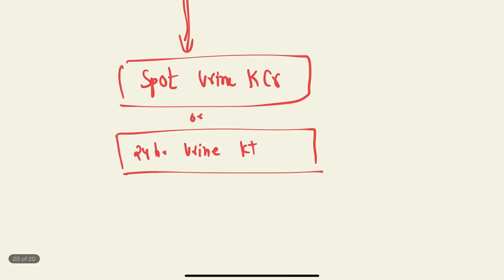But due to the time consumed, the 24-hour urine potassium is impractical, as the patient can have severe hypokalemia and need urgent treatment. We cannot wait 24 hours to get this test done.